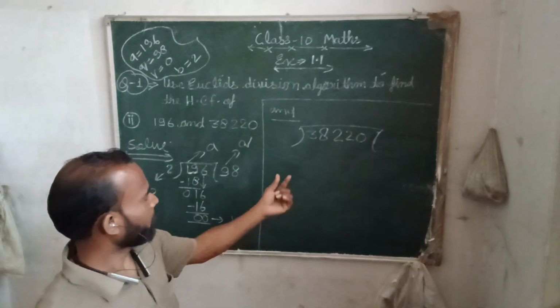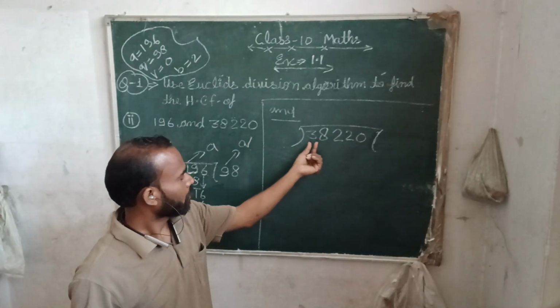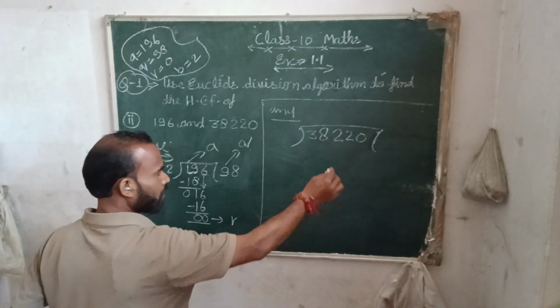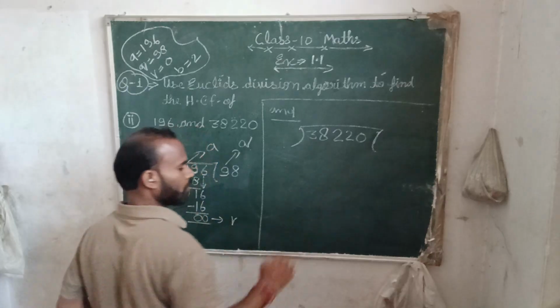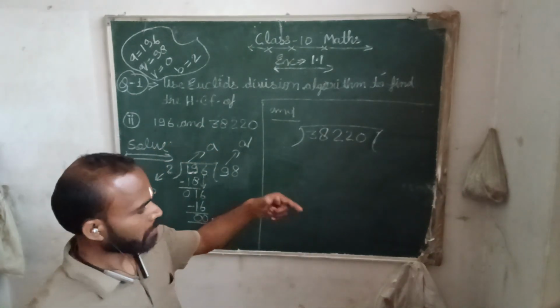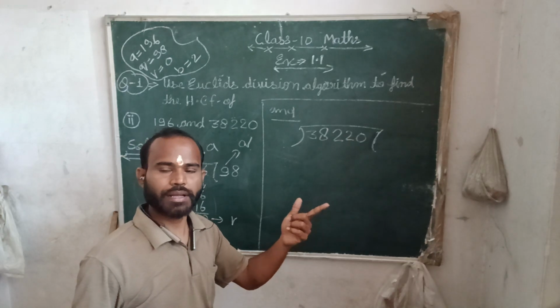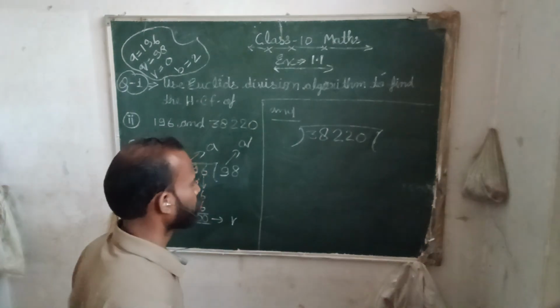What is it divisible by? 38,220: the last digit is 0. So the last digit is 0, so the number is divisible by 2 and 5.